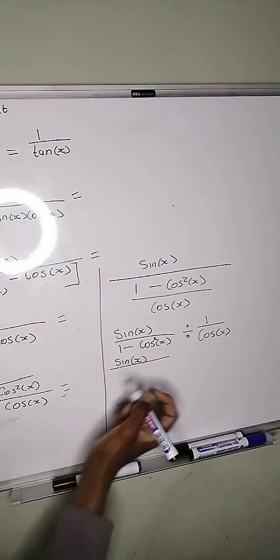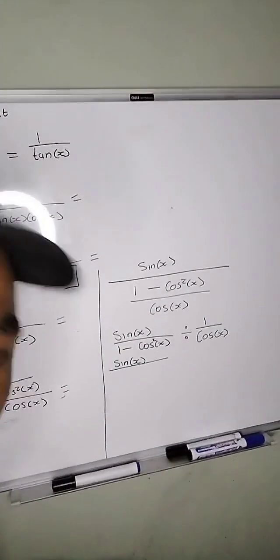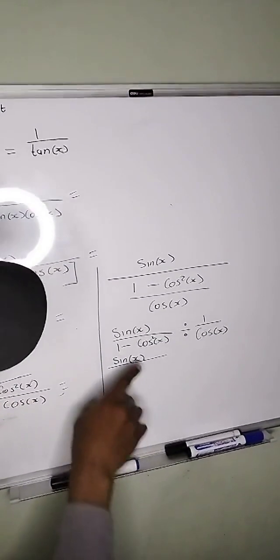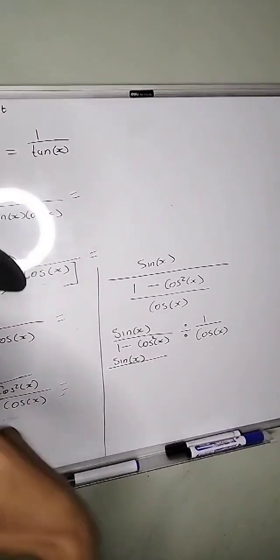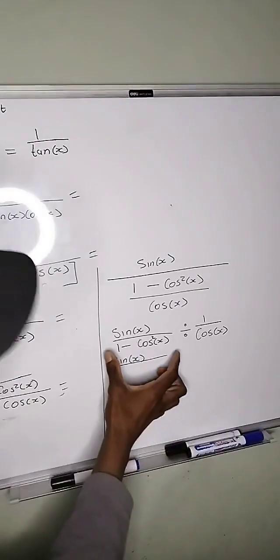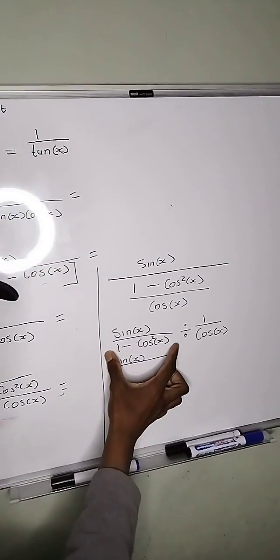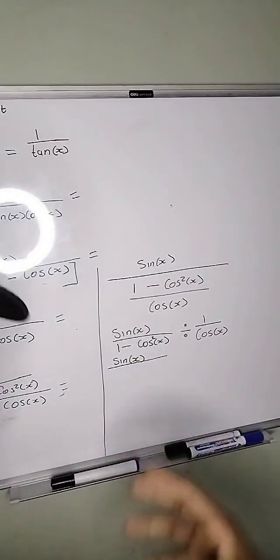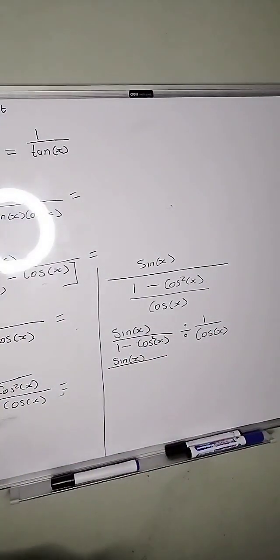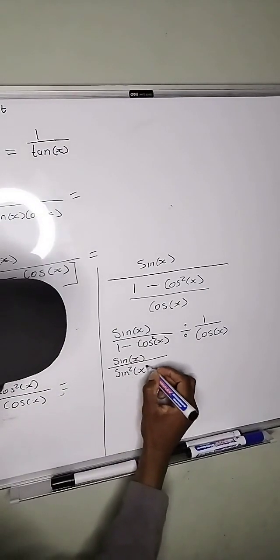Is it cos 2x here? Look at this very carefully. It is sine squared x. Thank you very much. It's going to be sine squared x, guys.